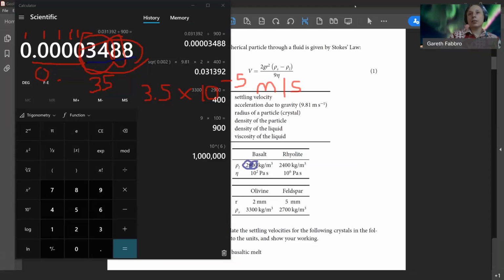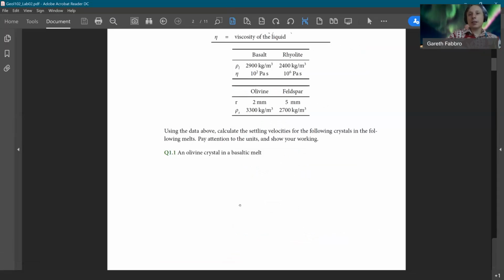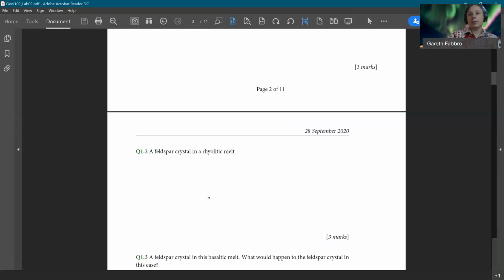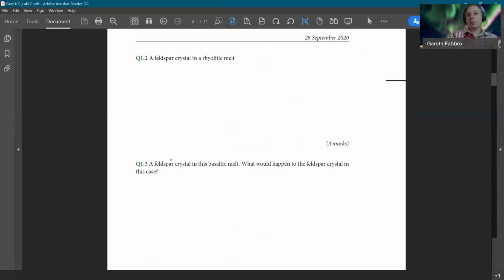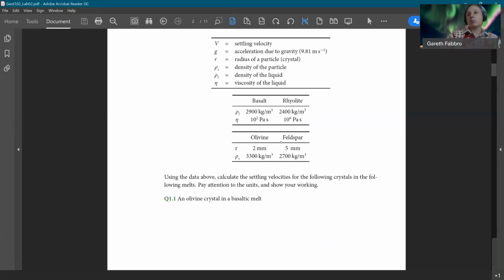Okay, so that should be fairly straightforward. Then you need to do the same thing for a feldspar crystal in a rhyolitic melt and a feldspar crystal in a basaltic melt. So again, here you just use the same values that are in this first table, just change instead of olivine and basalt, feldspar in rhyolite, and then feldspar in basalt.